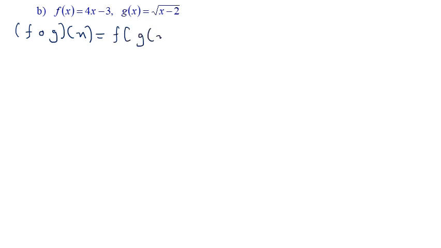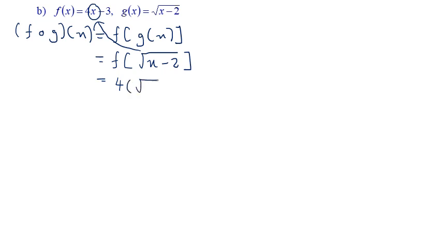So g will be an input for function f. So here g is square root of x minus 2, right? So x minus 2 here we sub into x. So 4 times square root of x minus 2 minus 3.